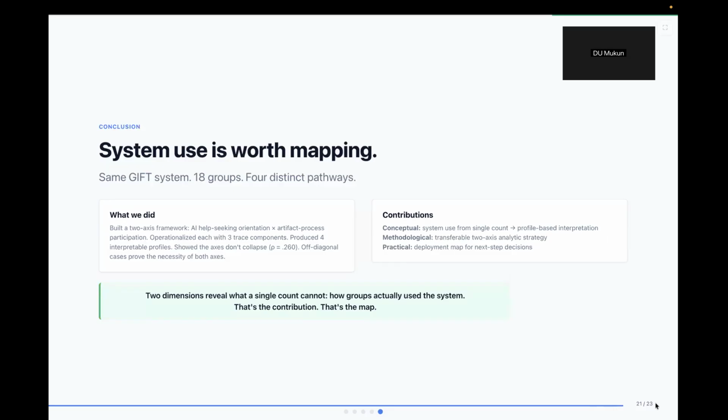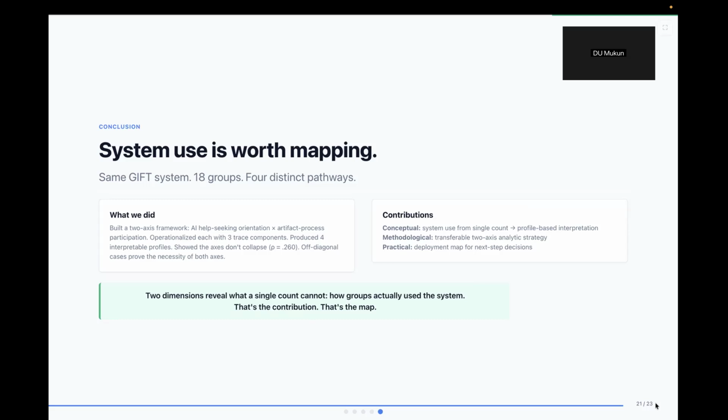So as a conclusion, this system use is worth mapping. After mapping the use of the system, we found different traces. We found different ways of using it, instead of only low use, medium use, and high use.